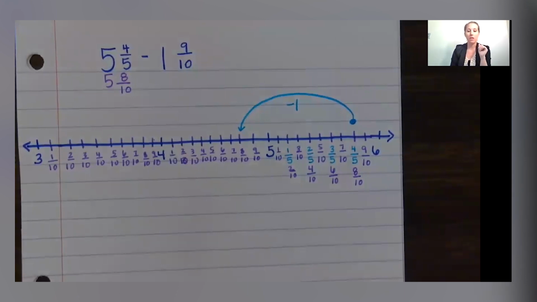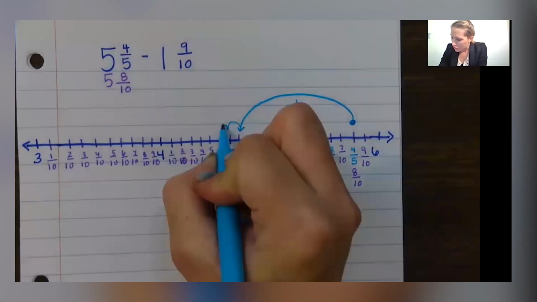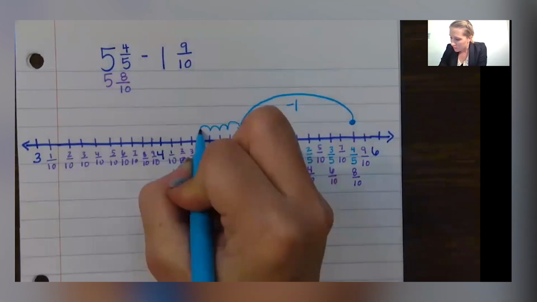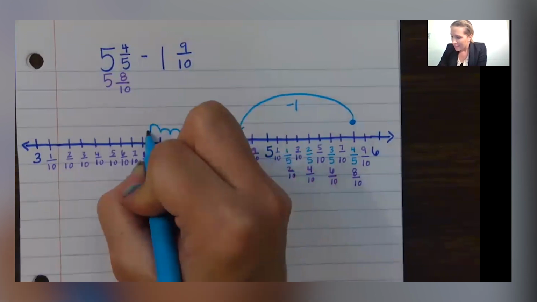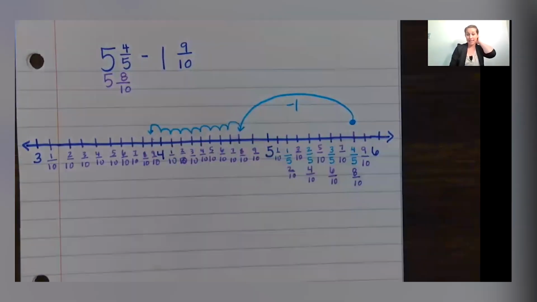So can you do that with me? Can you help me count back 9/10 to see where we are left? All right. 1/10, 2/10, 3/10, 4/10, 5/10, 6/10, 7/10, 8/10, 9/10.